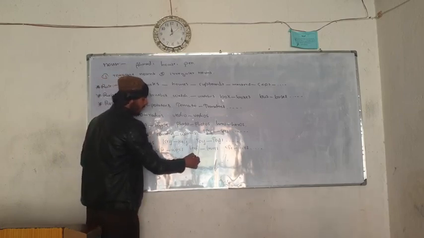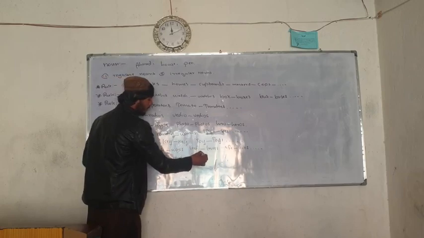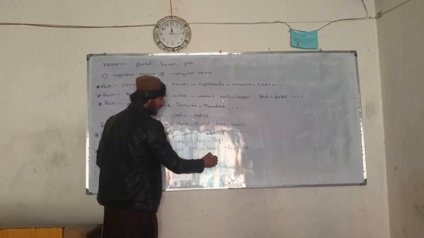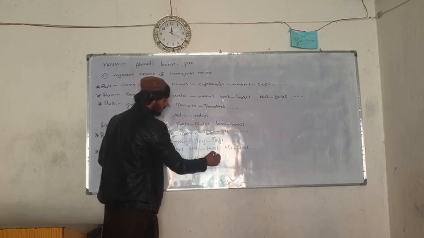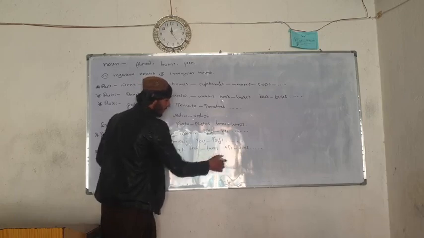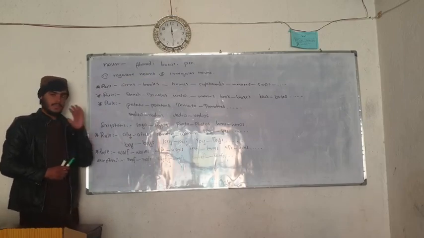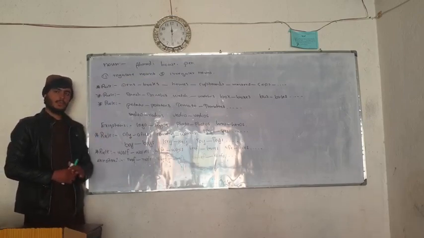Or belief. Here we can add only S at the end. We don't have to change F into V, like beliefs. And many more. These were the regular nouns that have the rules.